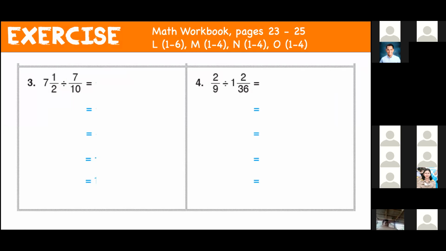Change the mixed number to improper. 7 and 1/2 is 15/2. 2 times 7 is 14 plus 1, 15/2. Divided by 7/10. Then 15/2 times 10/7.